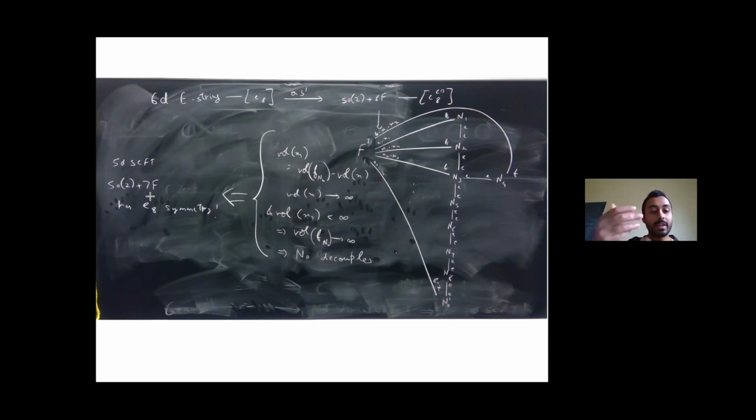And then you can continue on and you will find SU2 plus 6 flavors has E7 symmetry and so on. This type of analysis can be generalized to more complicated theories, but I leave these more complicated details to the paper.